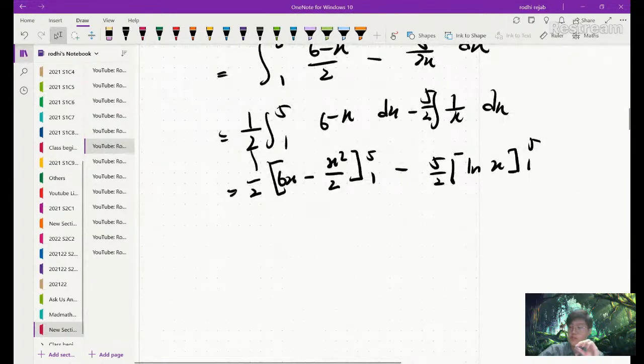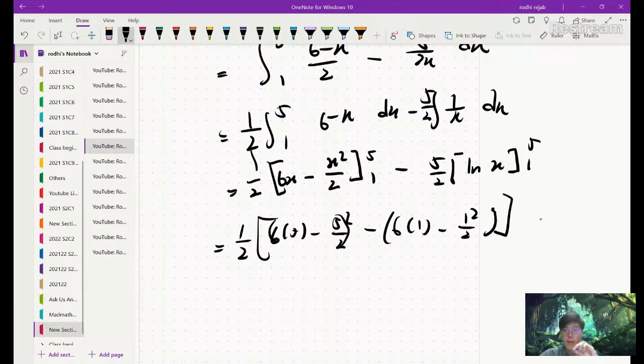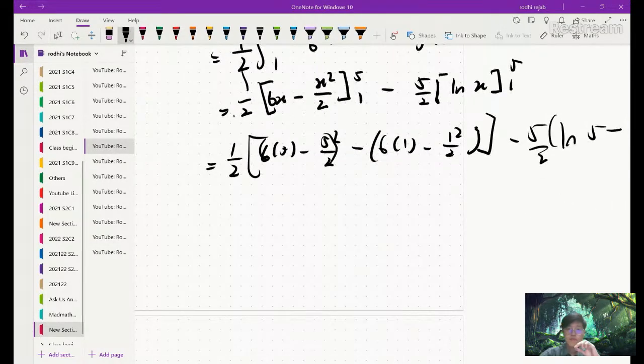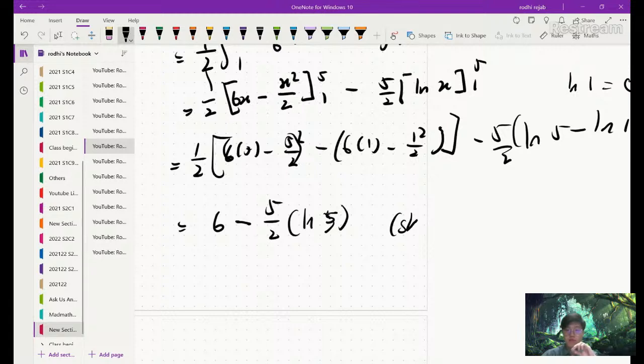So we cannot just press the calculator. We have to substitute the values one by one in order to find the exact value. So substitute in 1 and 5, and then simplify the equation. We will get 6 here, minus 5 over 2 ln 5, because ln 1 always equals zero. Okay, so we have shown it. Write 'shown' here. If you want to write 'prove', that is also fine. Okay, done.